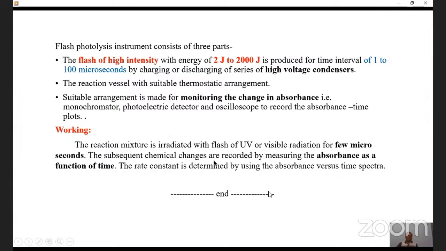The subsequent chemical changes are then recorded by measuring the absorbance as a function of time. The rate constant is then determined by using the absorbance versus time spectra.